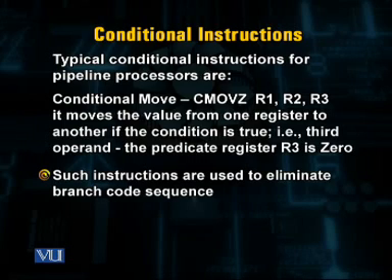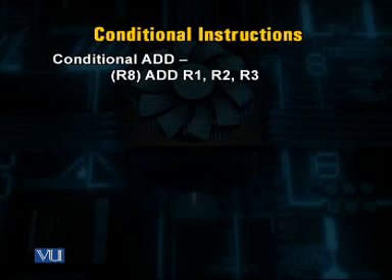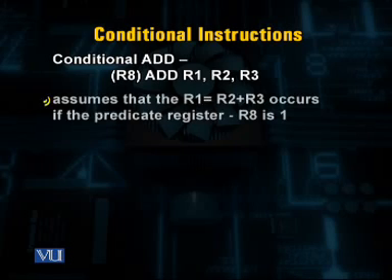Similarly, another example can be for a conditional add instruction, which can be written as R8, which is in fact the predicate register, followed by the normal add instruction, which says add R1, R2, R3, meaning that the sum of R2 and R3 is placed in register R1 only when the predicate register R8 is 1 or is set.